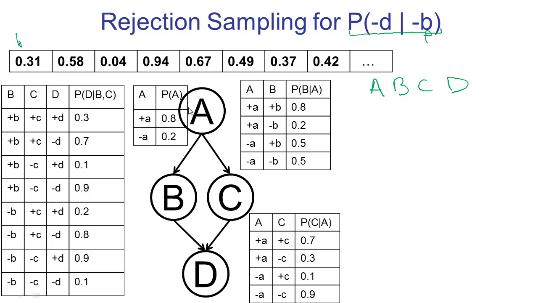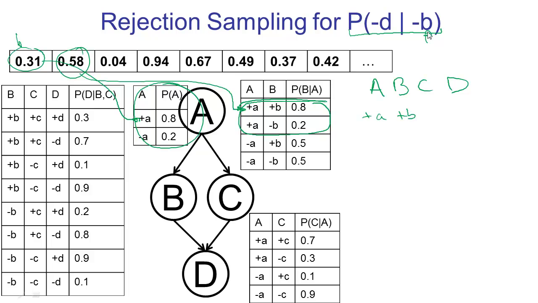Starting with A. A has this table here. 0.31 will map onto plus A. Moving on to B, we have a conditional probability table for B. The variable A was sampled as plus A, so we're looking at this part of the table. 0.58 will map onto plus B.